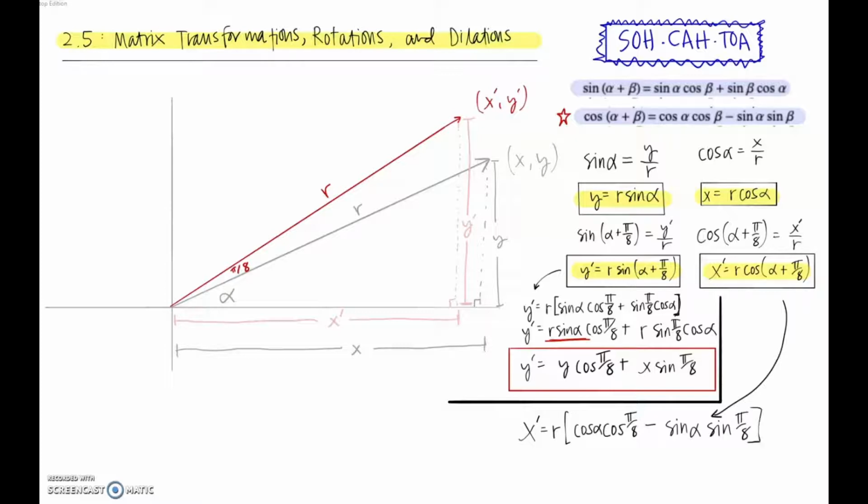And then I'll go ahead and distribute that r through. So my r is distributed through. I'm done with the brackets. And I can see that I've got some familiar things here. r cosine alpha, that's just going to be x. And then I've got r sine alpha, and that's just going to be y. So I can go ahead and substitute those in.